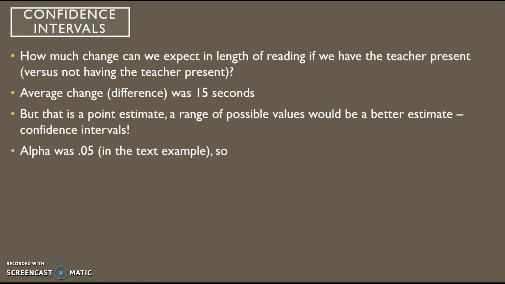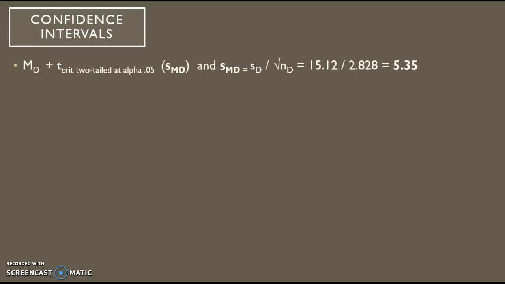So with our alpha of 0.05, let's compute a confidence interval that we can be 95% sure that the difference in reading length is in there. So we have our t critical at the two-tailed level for the alpha that we tested our hypotheses at. We have our standard error of the mean difference. Standard error of the mean difference is to take that standard deviation that we computed a couple slides back and divide it by the square root of n.